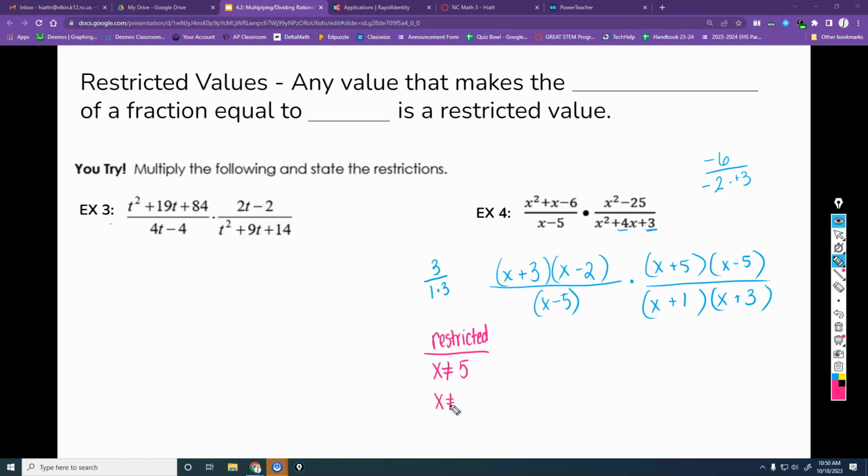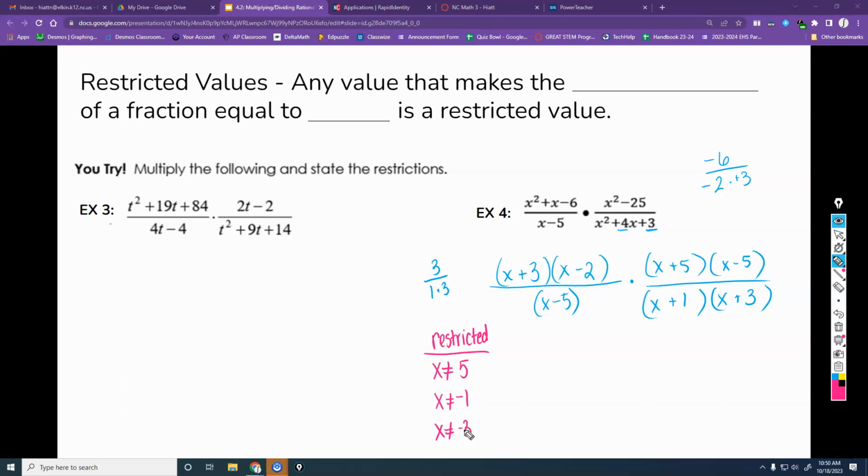Student council. All right, Wade, x plus 1. What will make x plus 1 equal to 0? What number can we not have there? Negative 1. Very good. Drew, what about x plus 3? You will say x cannot equal negative 3. So we want to do that before we start canceling.